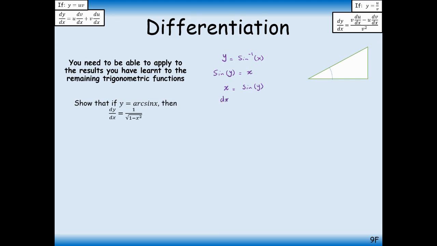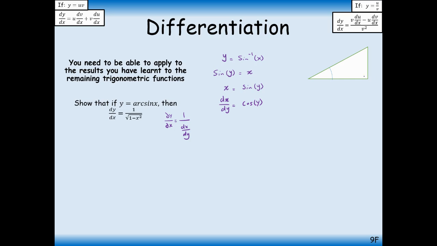So the derivative of x with respect to y is cos of y. We do need to find dy by dx. So dy by dx is going to be 1 over dx by dy here. Okay? But we don't know what cos of y is.